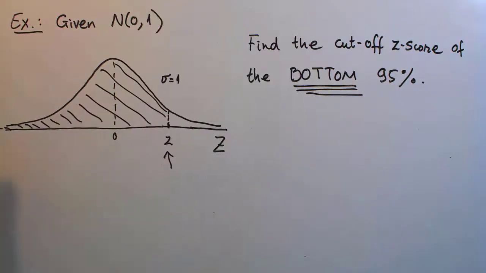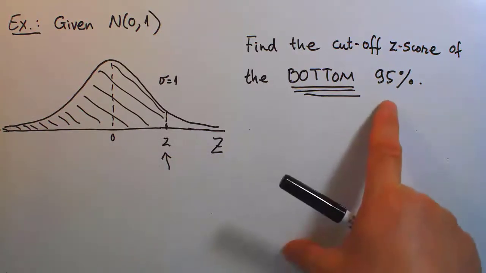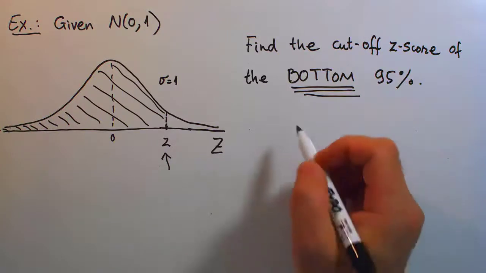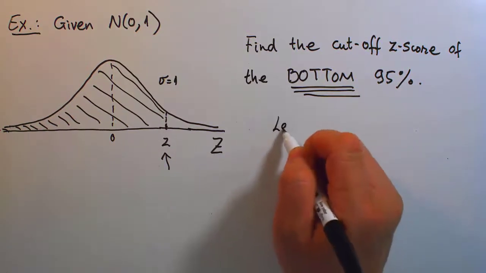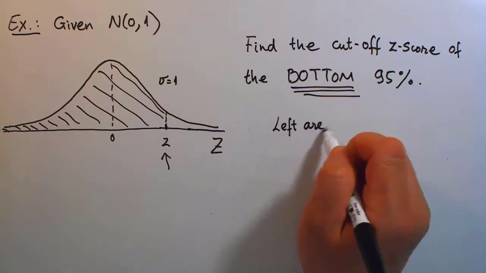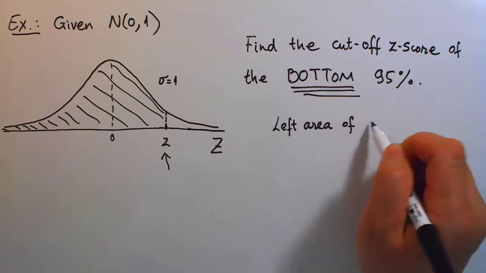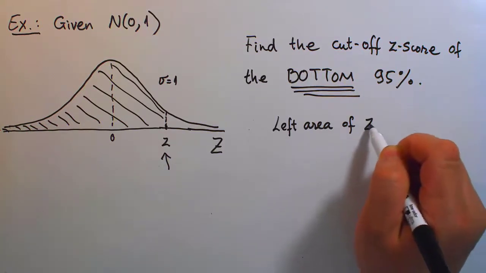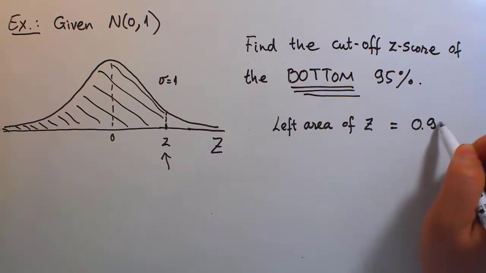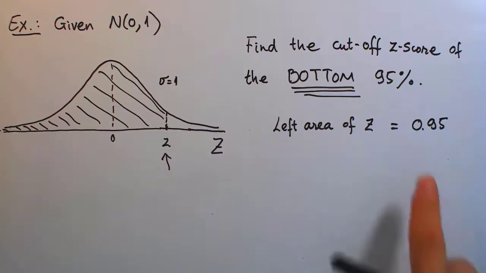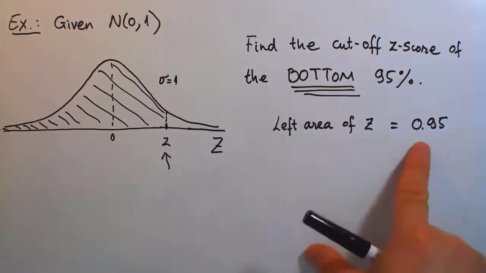Now the further impact here is that this z being the cutoff of the bottom 95%, we have to understand that we already had the left area. So the area left of this unknown z has already been given, and in decimal, highly recommended, it is 0.95.